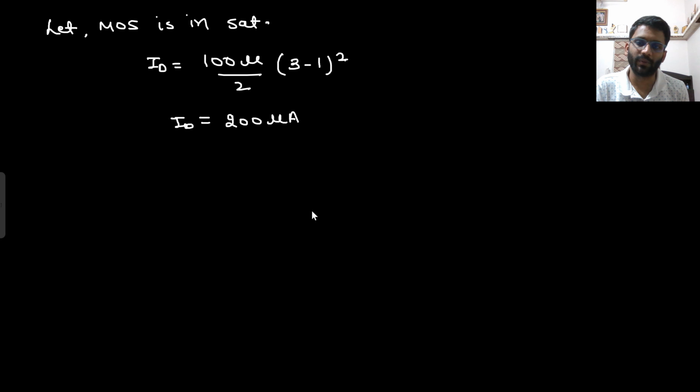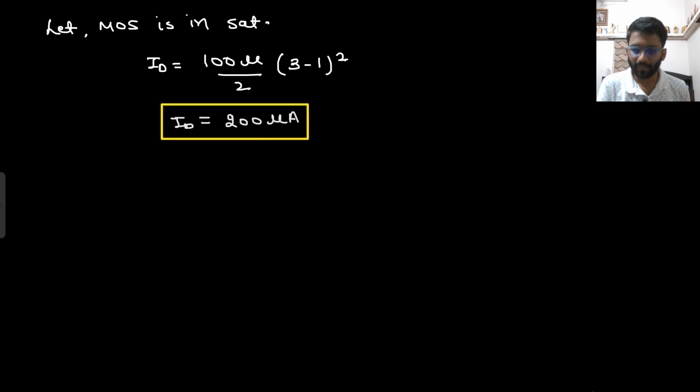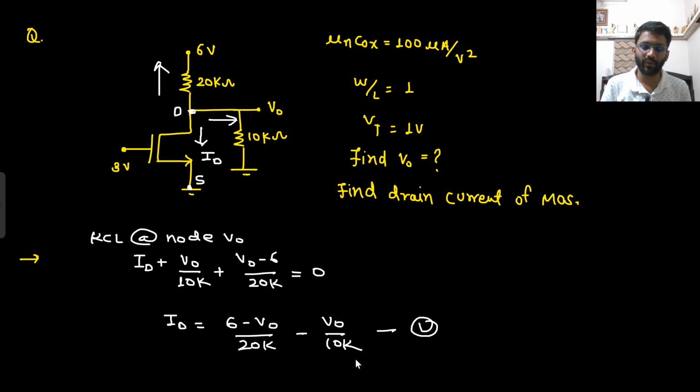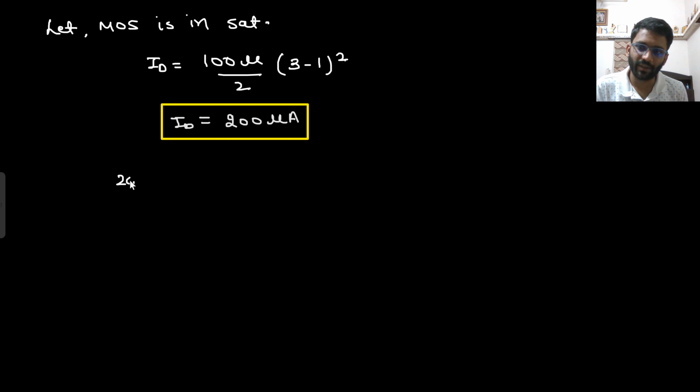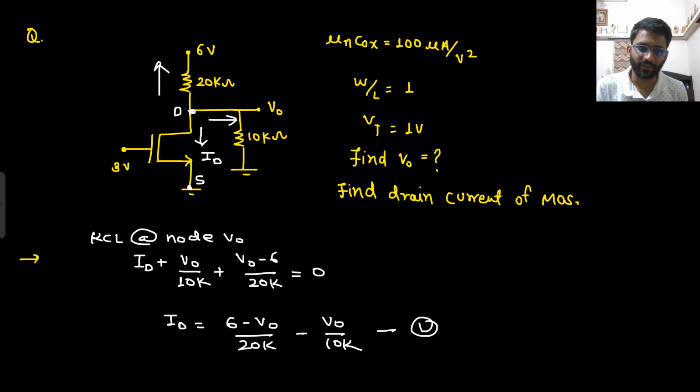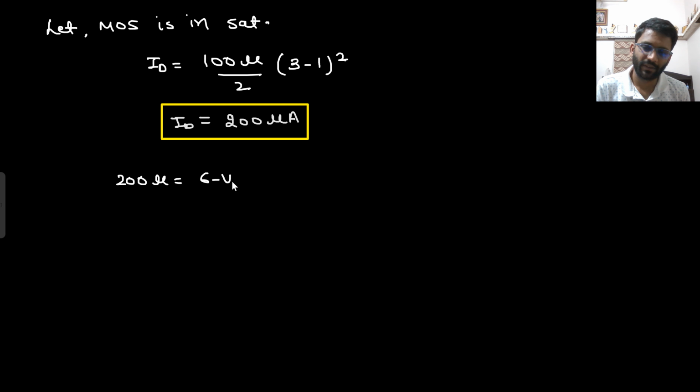ID value came out to be 200 microampere. Now, if it is 200 microampere, what will be the value of V naught that we can find? So 200 micro is equal to 6 minus V naught by 20K minus V naught by 10K.